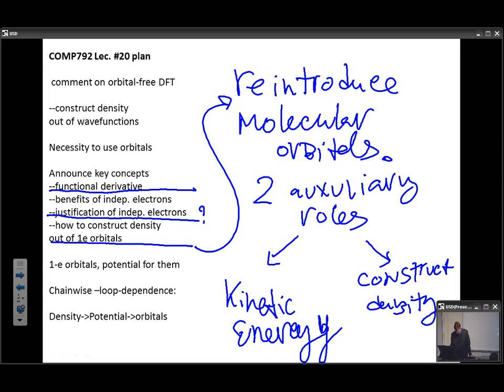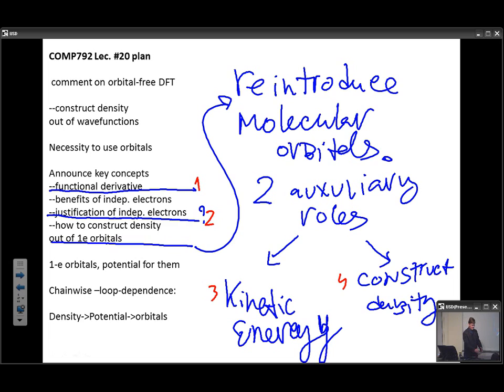Okay, so we need these four items, and then after we get them, we can line up an algorithm. Actually, what is the core of all pieces of software that do DFT calculations? Those four points do not yet serve as an algorithm.